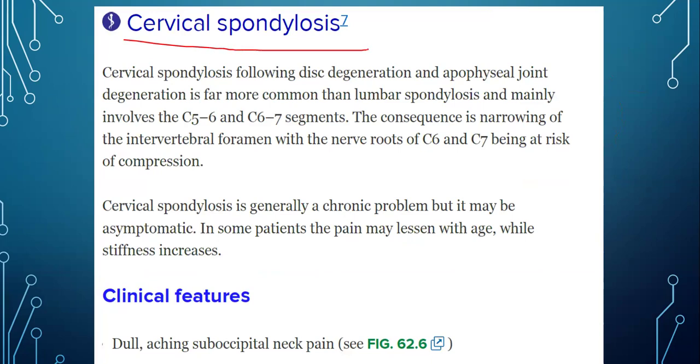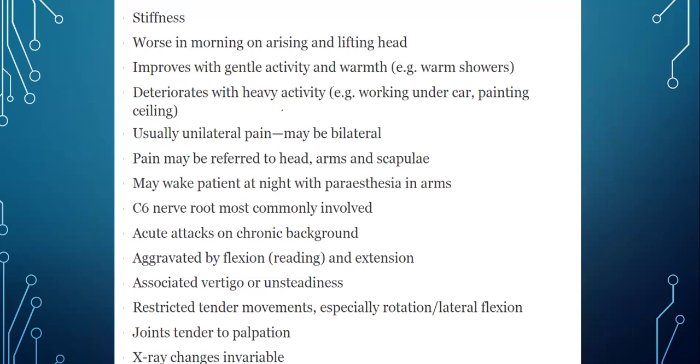Cervical spondylosis is the same thing as lumbar spondylosis. It's a degeneration of the cervical disc and the vertebra. For cervical spondylosis, patient will have a dull aching pain in the neck, and can have pain worse in the morning, improved with gentle activity, but deteriorating with heavy activity.